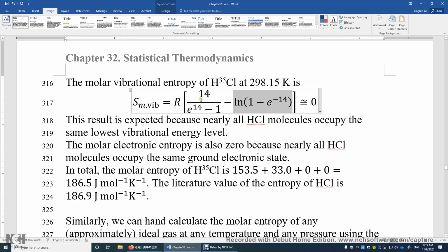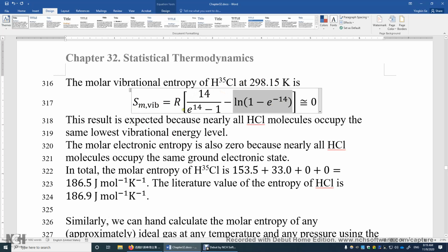So this is negligible. And also 1 minus e to the power of negative 7 is very, very close to 1. I think it could be 0.999, something like that. So this is still 0, even at 600 K. You can assume the molar vibrational entropy of HCl is, again, 0.